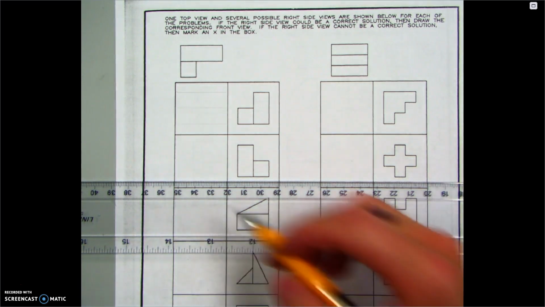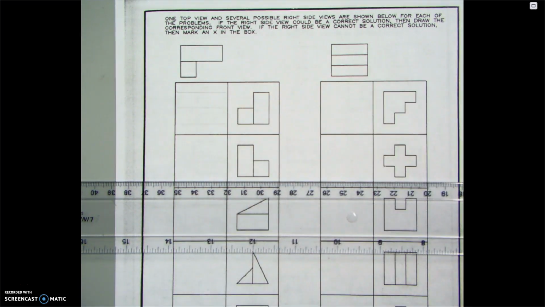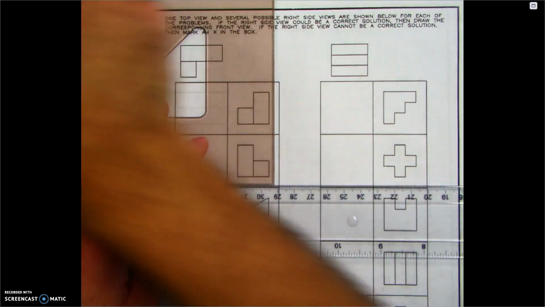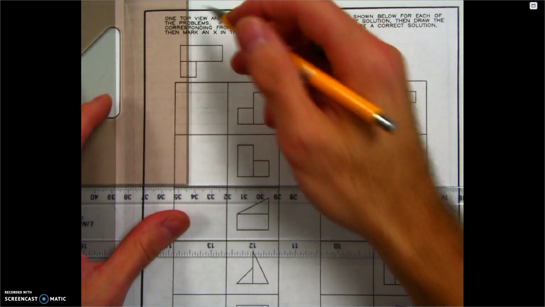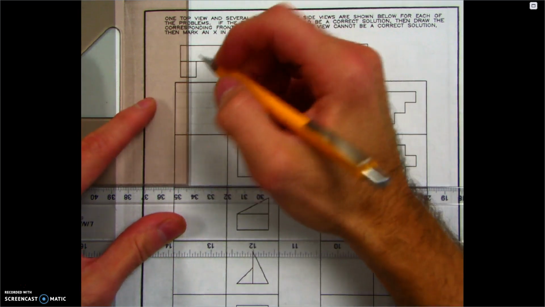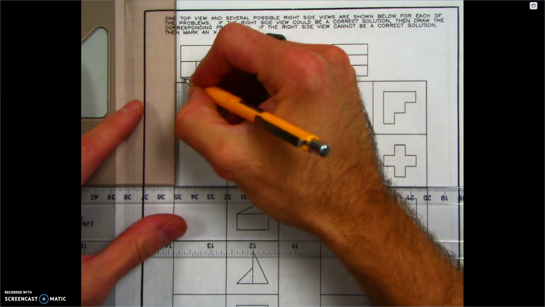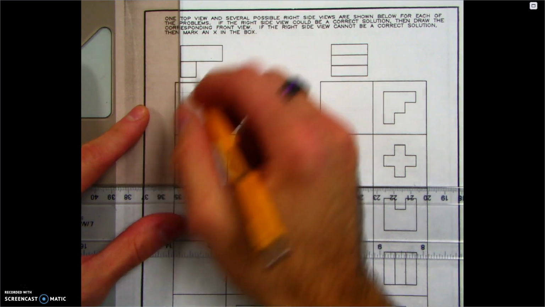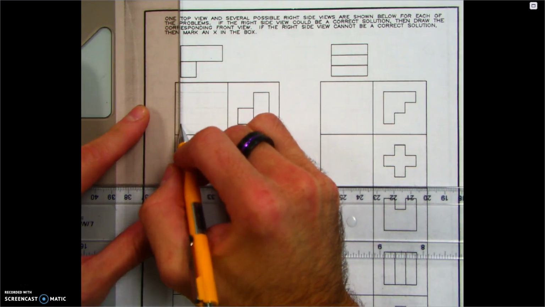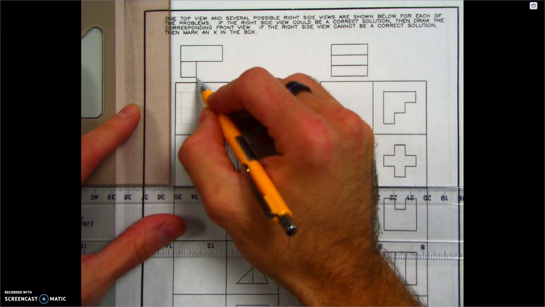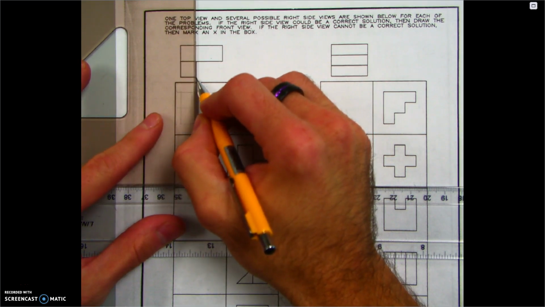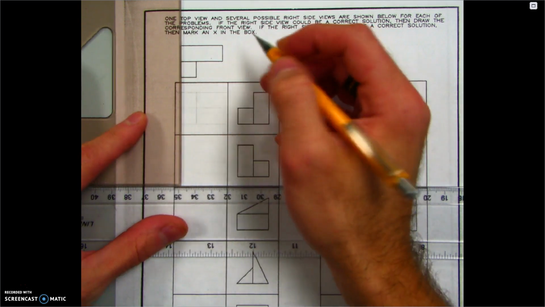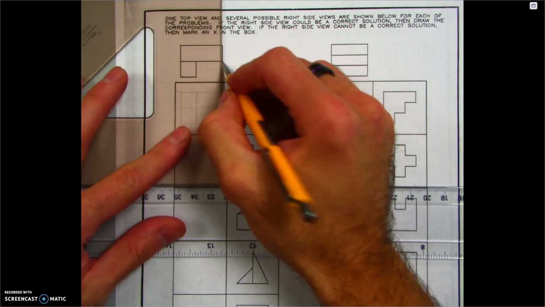So with those three lines, I'm also going to drop down the verticals from the top view. So I'm going to use my t-square and triangle combined, line it up with the border of the object, and those lines are going to go right in between. Any points of change from left to right, I'm going to do the same thing, just like I did vertically, and over here on the right.